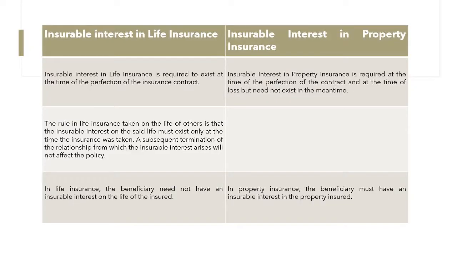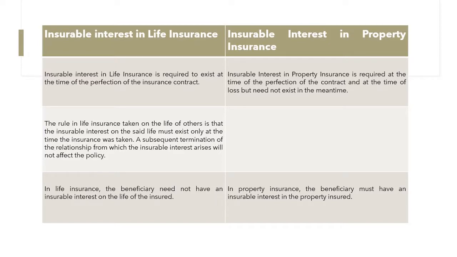Now let us distinguish between insurable interest in life insurance and insurable interest in property insurance. Insurable interest in life insurance is required to exist at the time of the perfection of the insurance contract, while insurable interest in property insurance is required at the time of the perfection of the contract and at the time of the loss but need not exist in the meantime.